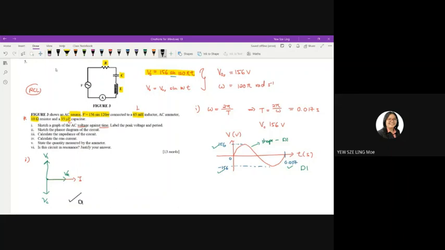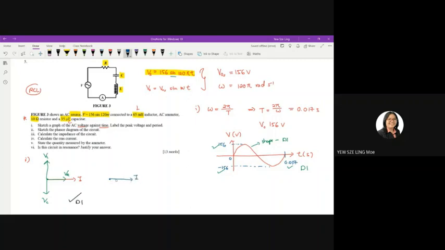Now, of course, if you look at this question, you are not given any information about V. Rather, you are given the information of inductance, capacitance, and resistance. So sometimes students might sketch this one. Again, you are going to use I as the reference.